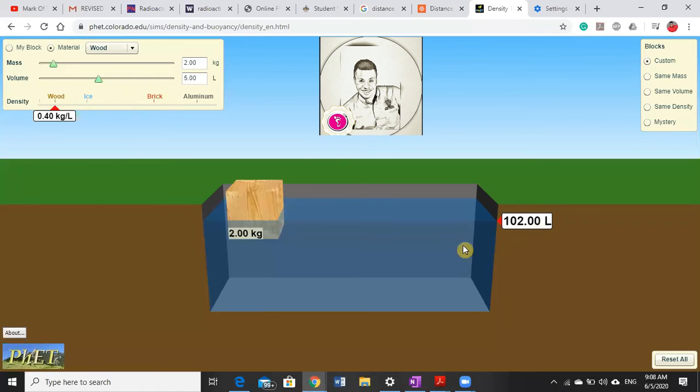Volume here is, I would say, 102 liters. Now the mass of my block here, which is a piece of wood. I'm not sure if I can see the value of the density, but clearly we can see that the piece of block is floating on the surface of the water. Can we see that? Yes, sir. Good.